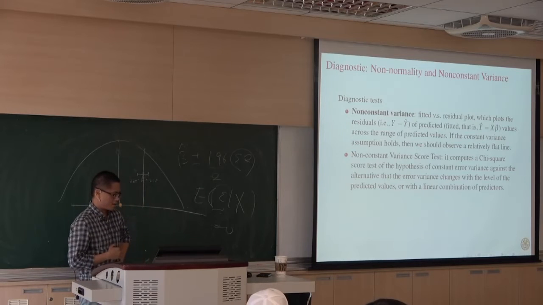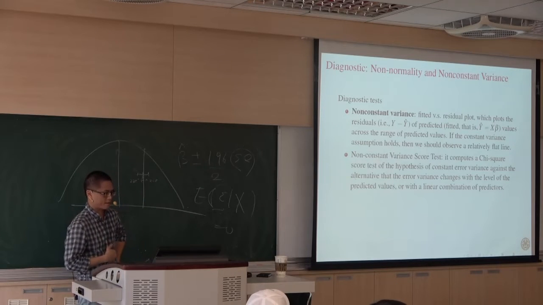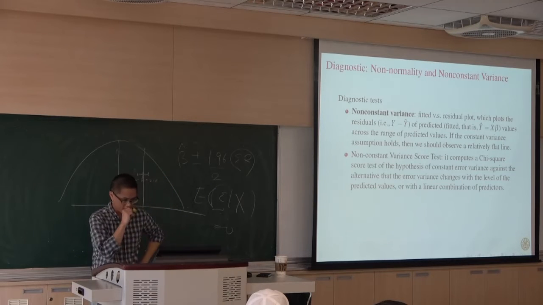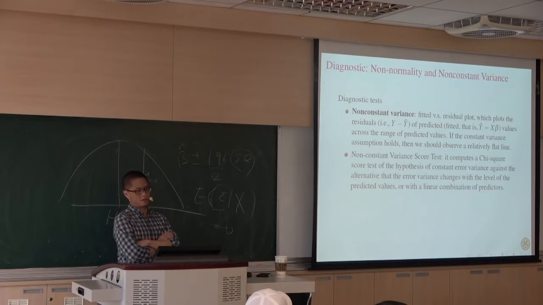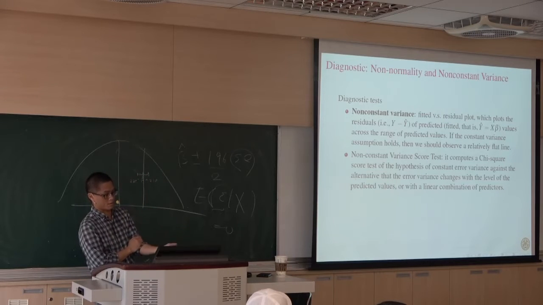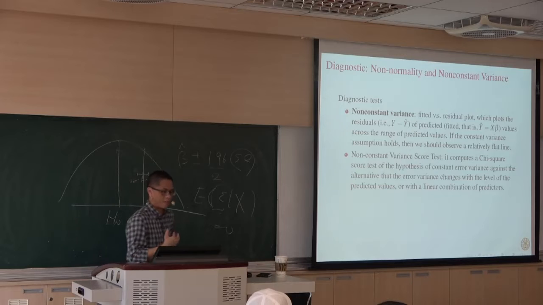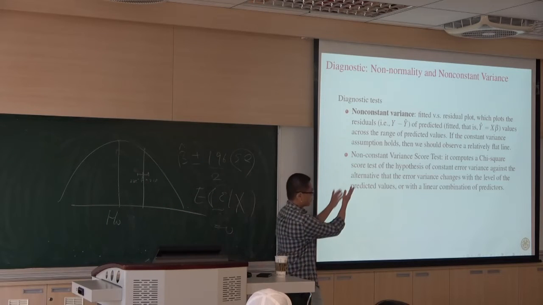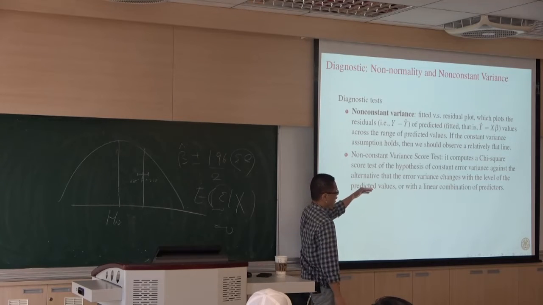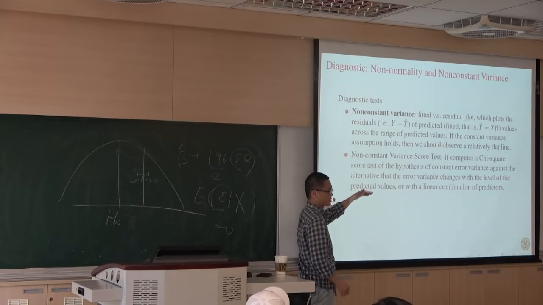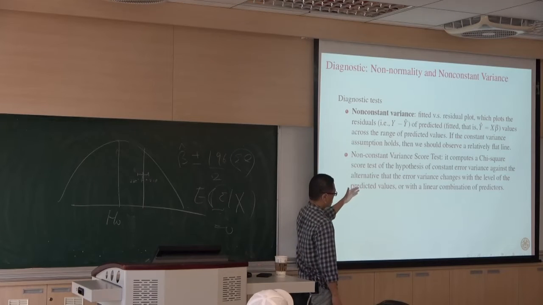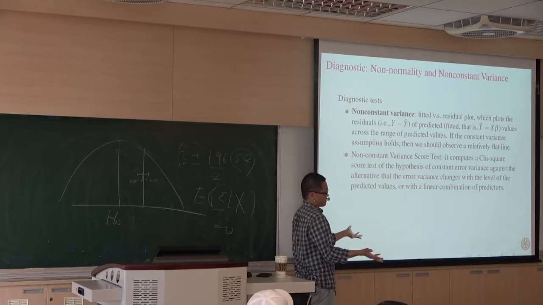The relevant statistic is called a chi-square score test, or simply NCV, the non-constant variance score test. The test computes a score test based on the chi-square distribution under the null hypothesis: there's a constant error variance. That's the hypothesis that we want to maintain against the alternative, HA.